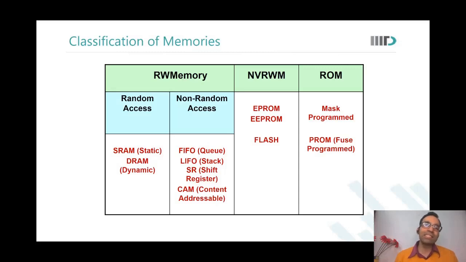So in content addressable memories, you give the content that you want to find. Let us say there is a memory which stores the names of all the students in this class. And someone wants to see whether there is a student named Akash in the class or not.